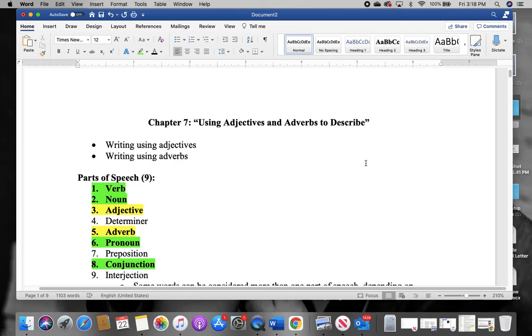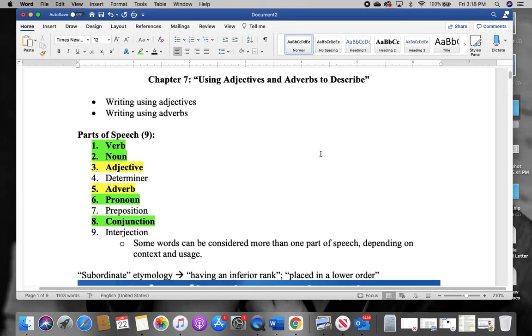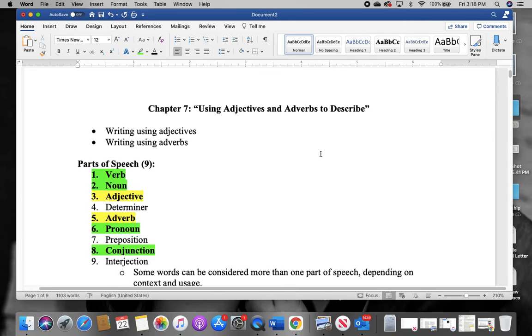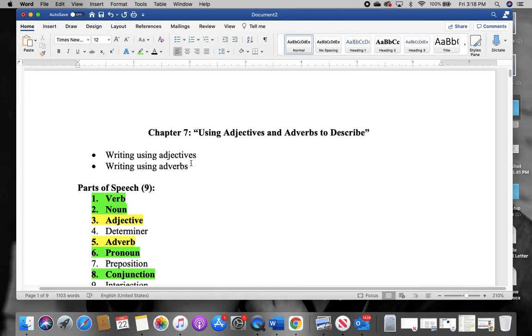And now the readings are taking you in a direction of how we use parts of speech to spice up or add description and variety to those independent clauses and dependent clauses correctly. So this chapter obviously focuses on the parts of speech, adjectives and adverbs.